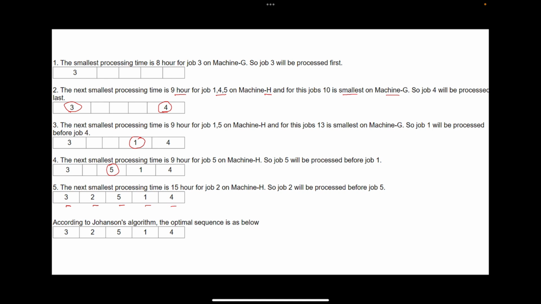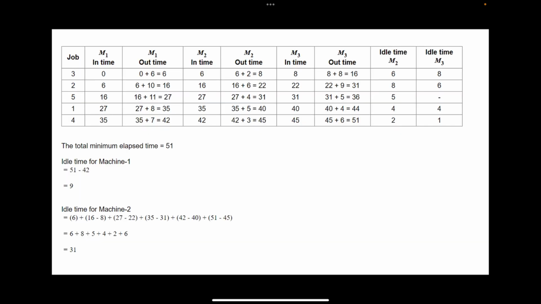So according to Johnson's algorithm, the optimal sequence is 3, 2, 5, 1 and 4. Now we will find out the makespan time. We know the sequence.